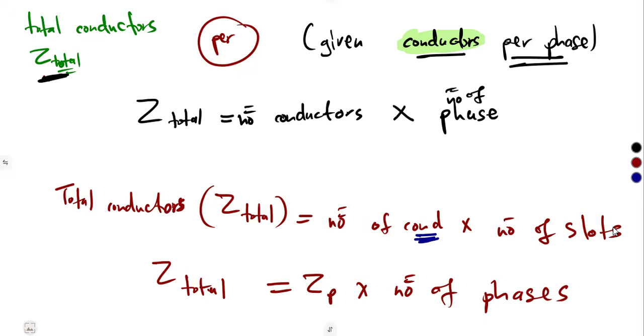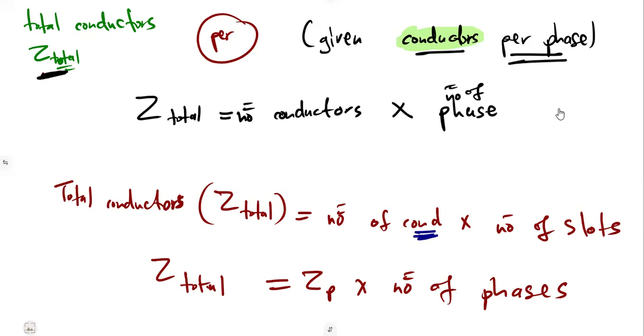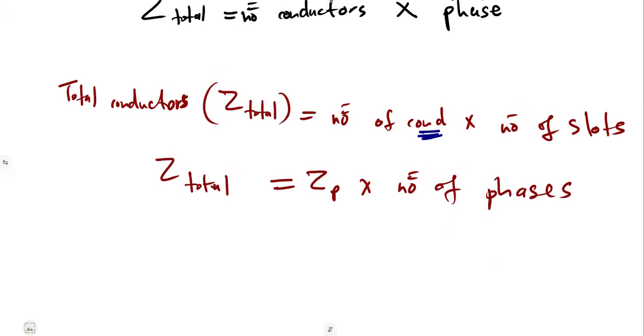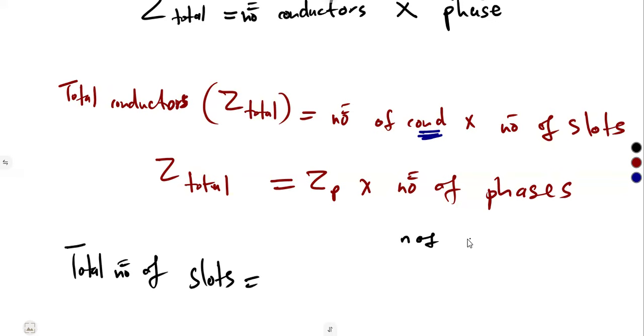So I cannot finish this part, guys, with the conditions. These are some of the conditions that you just need to add as you are studying. They can ask you to calculate the total number of slots. Maybe you are given the number of slots per pole per phase.